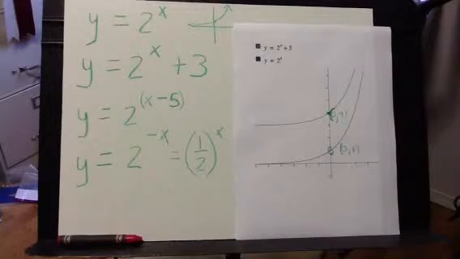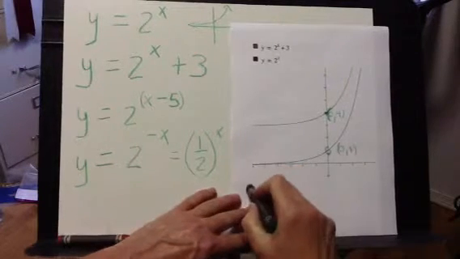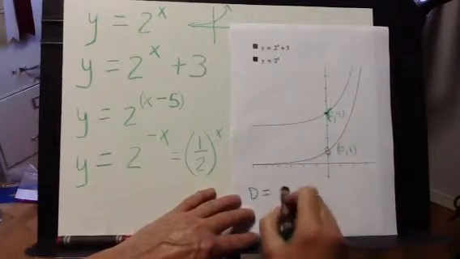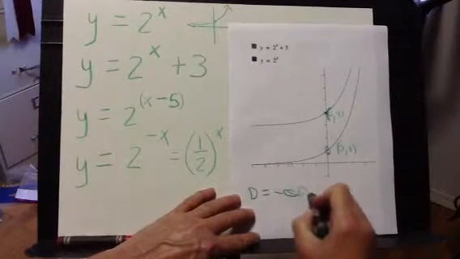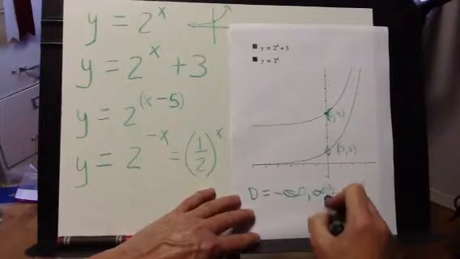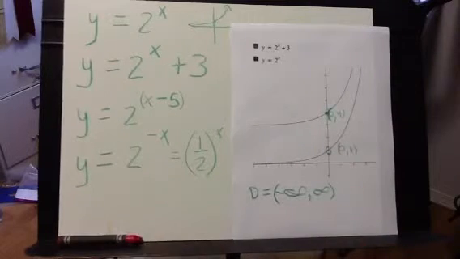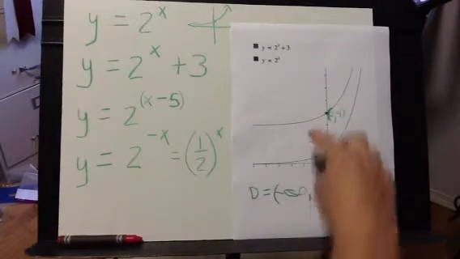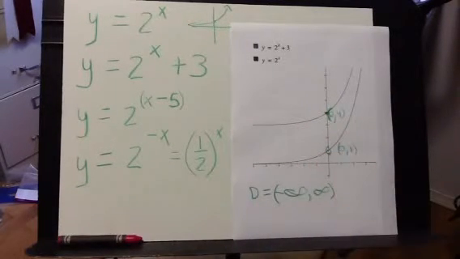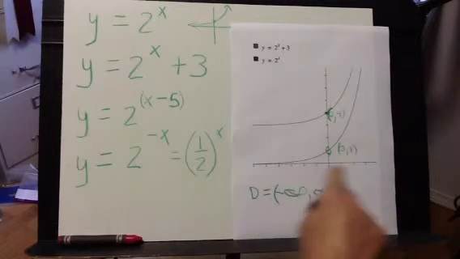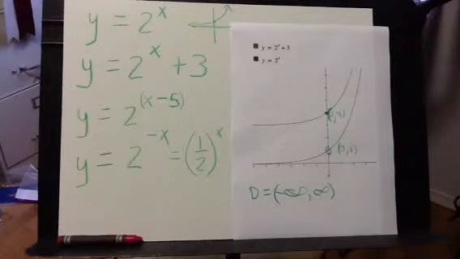So that means, since x can be anything at all, that the domain of an exponential function is from negative infinity to infinity. But the range can depend, as you see that the parent function at least never gets below the x-axis.